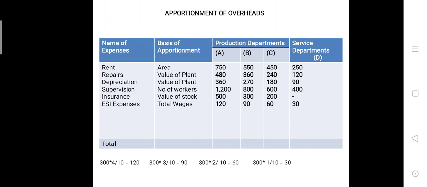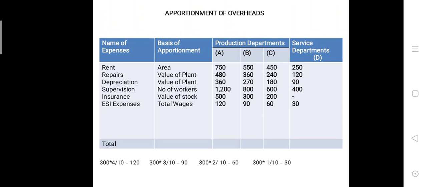Now ESI expenses. The ESI expenses are apportioned on the basis of total wages. Total wages is 8,000 is to 6,000 is to 4,000 is to 2,000.